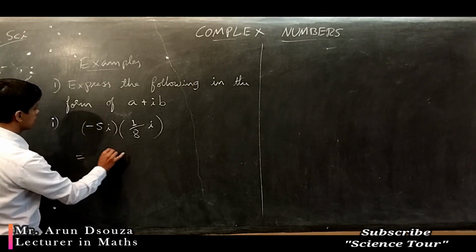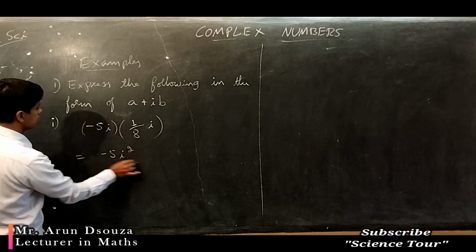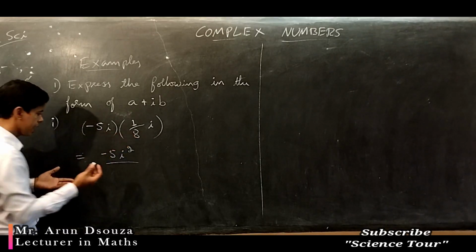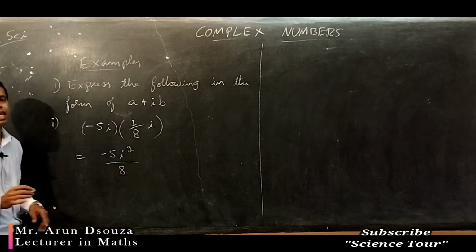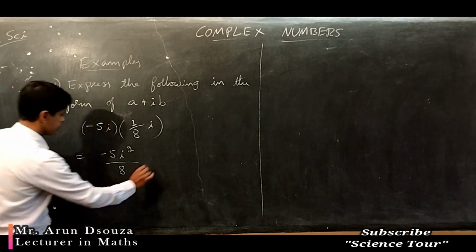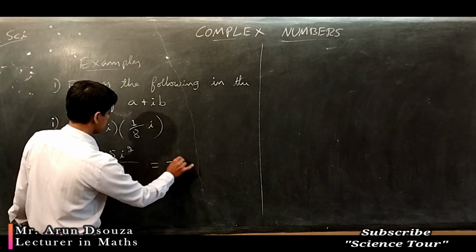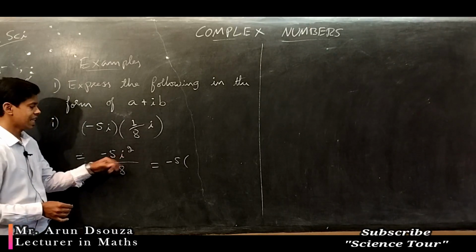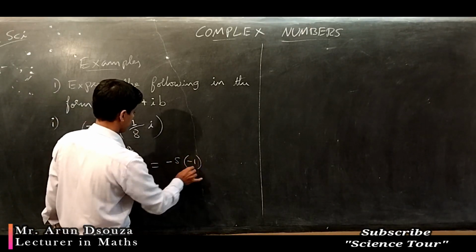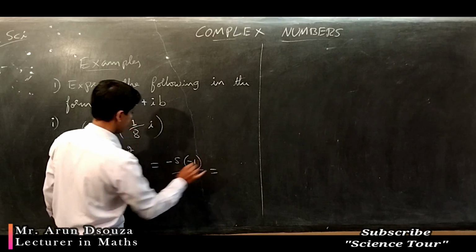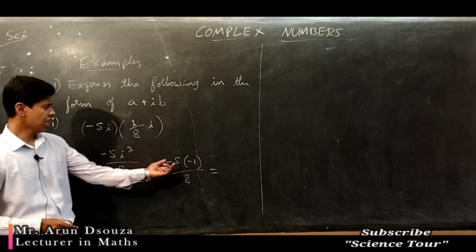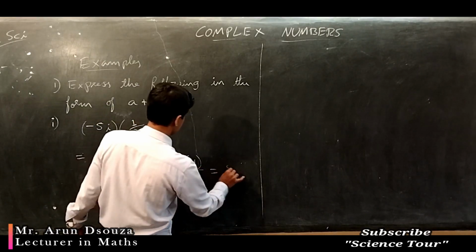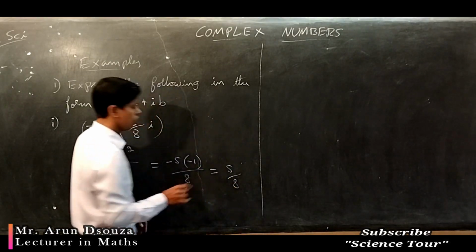That is minus 5i square, then 1 into 8, that is 8 itself. Now you can replace this i square, that is minus 1, so divided by 8. Now this is minus 5 into minus 1, so that is 5 by 8.